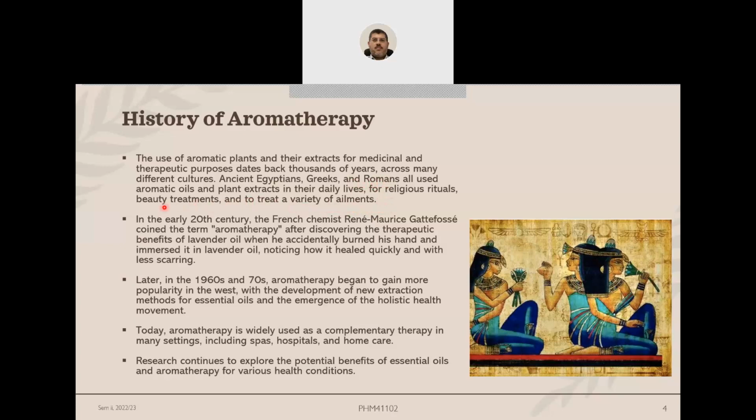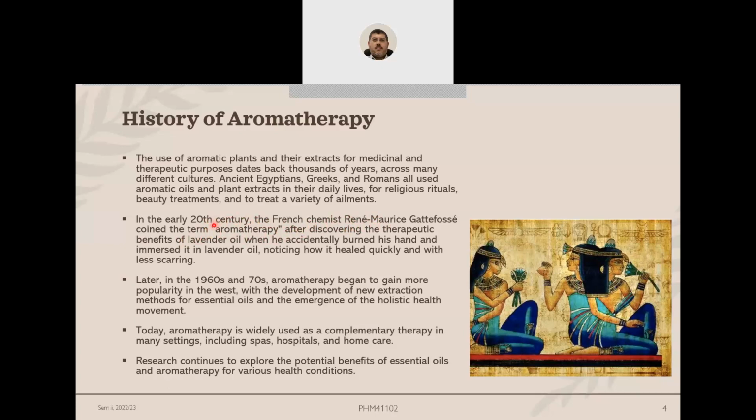So when it comes to modern days, in the early 20th century, meaning from 1900 and above, Europeans also started to find their way to the use of these medicines for treatment of diseases. One French chemist, his name is René Maurice, is the one who coined the term aromatherapy.